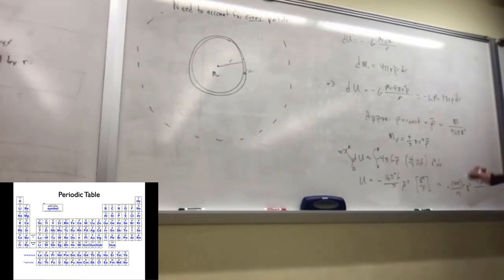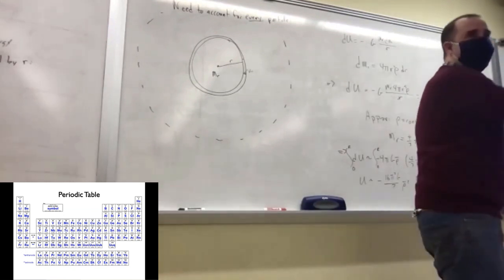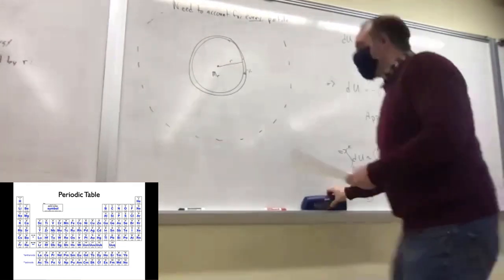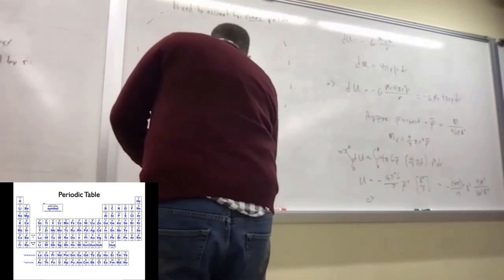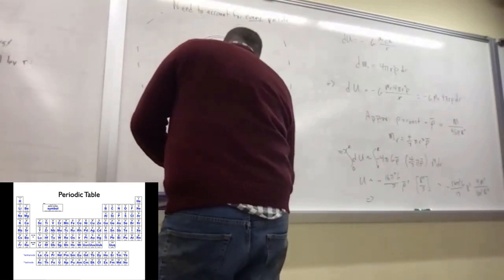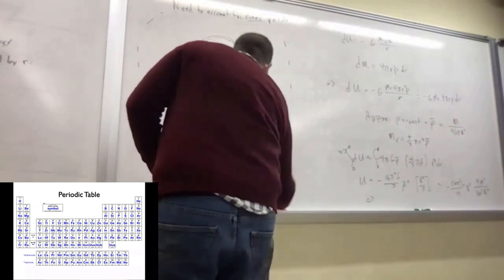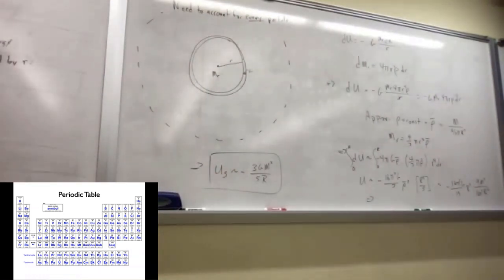And this whole thing, actually, R's cancel out, pi's cancel out, 16s cancel out, actually becomes pretty nice. I'll write it over here. U_G is approximately negative 3G capital M squared over 5R, making the assumption that the sun's density is constant.